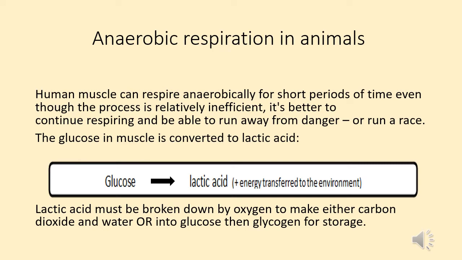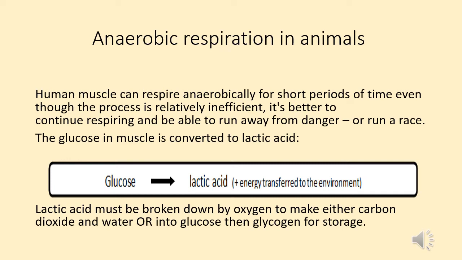So giving you an example of anaerobic respiration in animals, if we were to look at a person who is exercising hard or vigorously, their muscles may become short of oxygen.